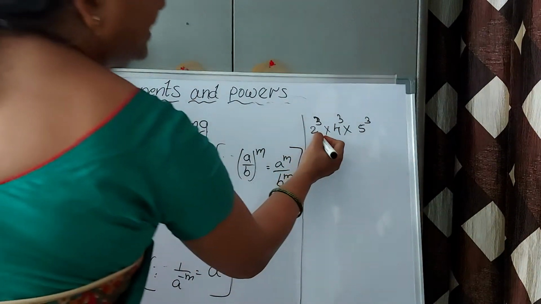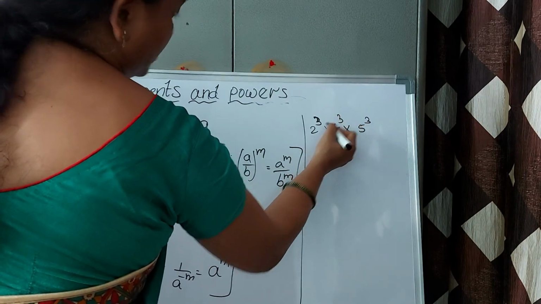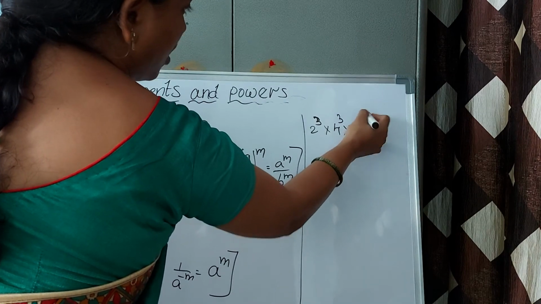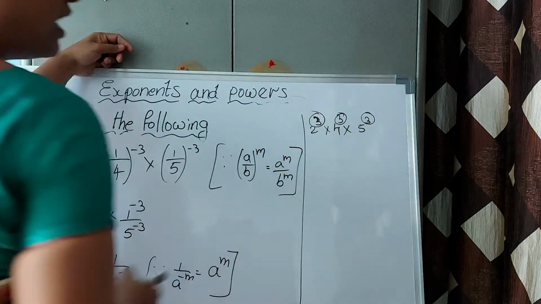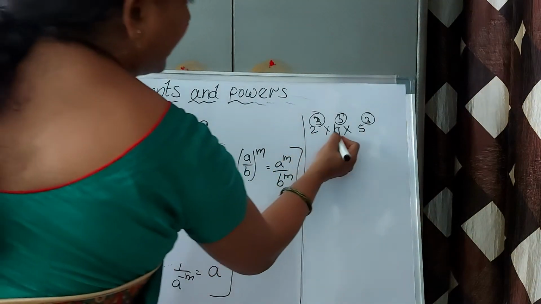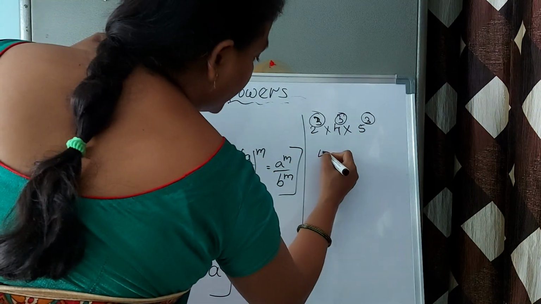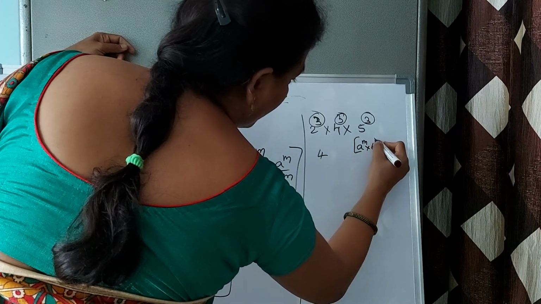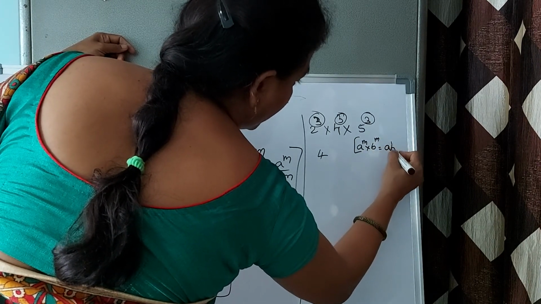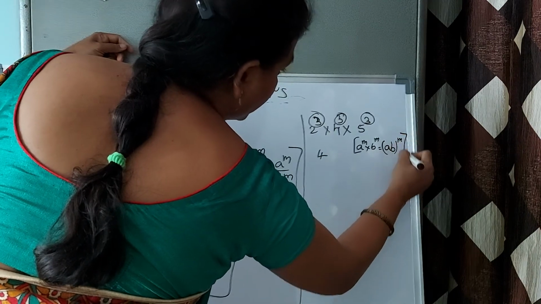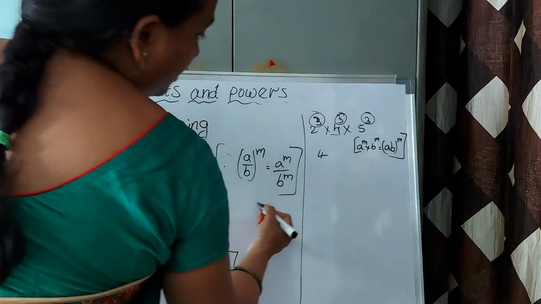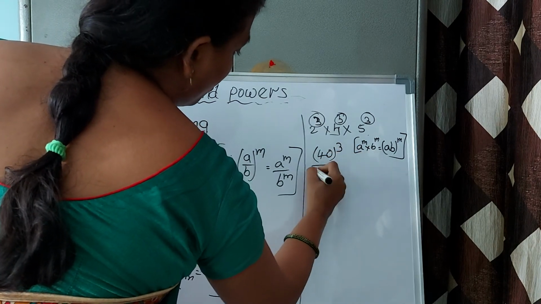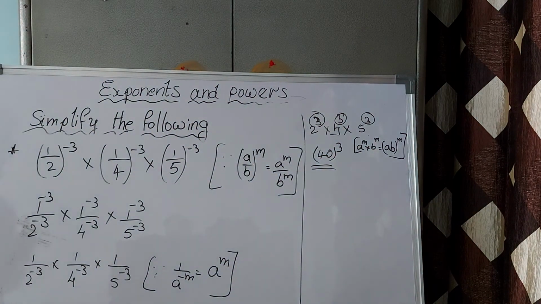So a power m into b power m into c power m, m is common here. 2 fours are 8, 8 fives are 40. See this formula, a power m, b power m is equal to ab whole power m. In the same way, you multiply these bases: 40 whole power cube. That is the answer.